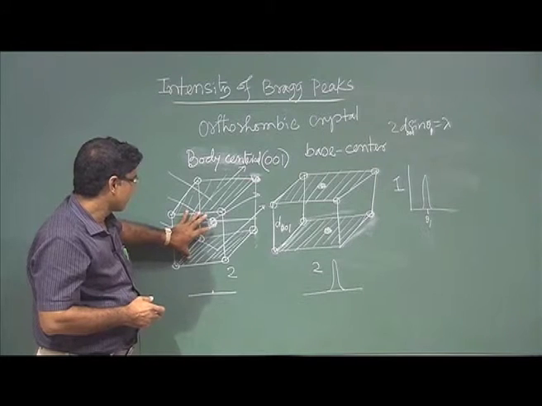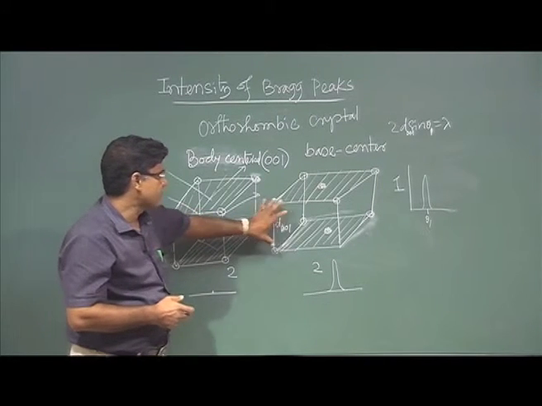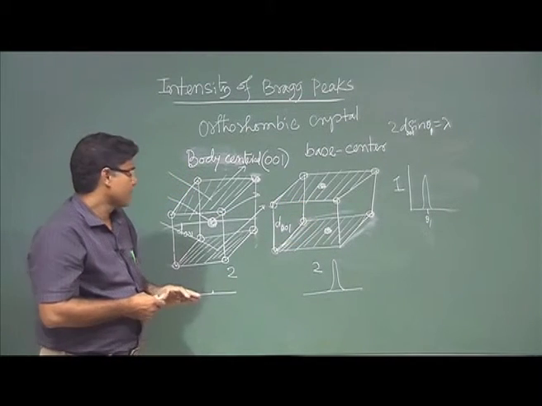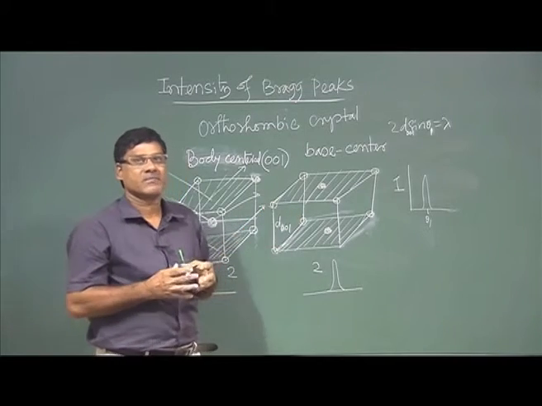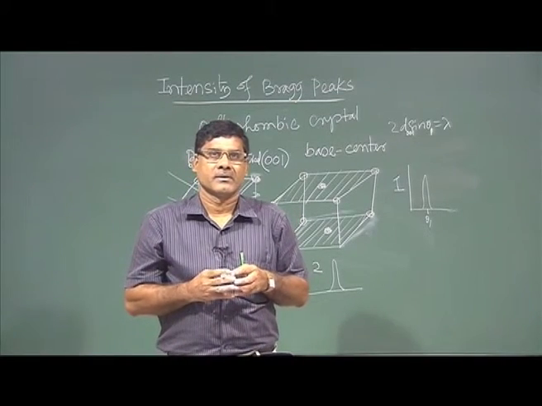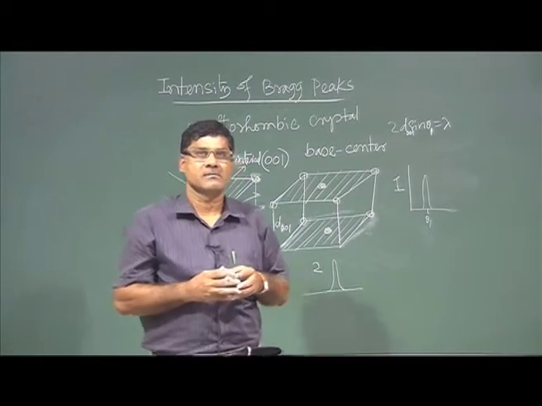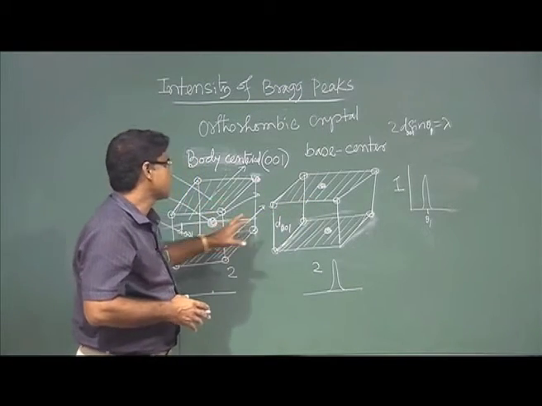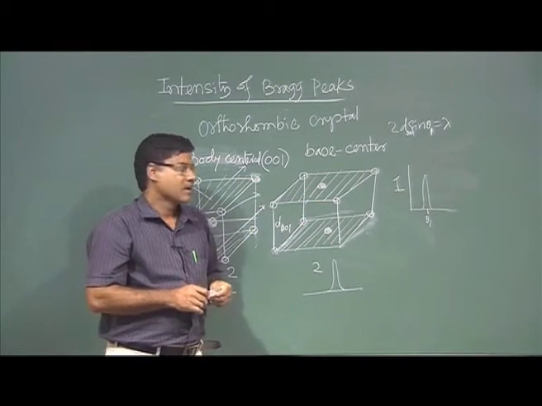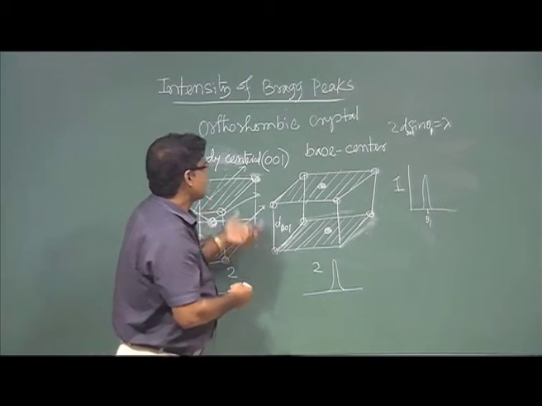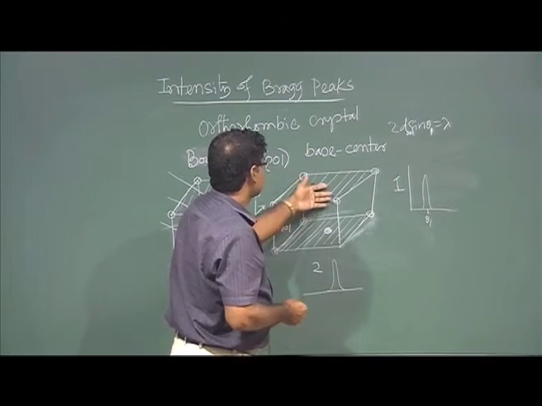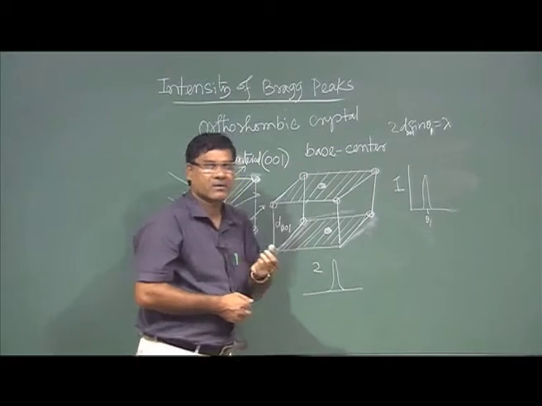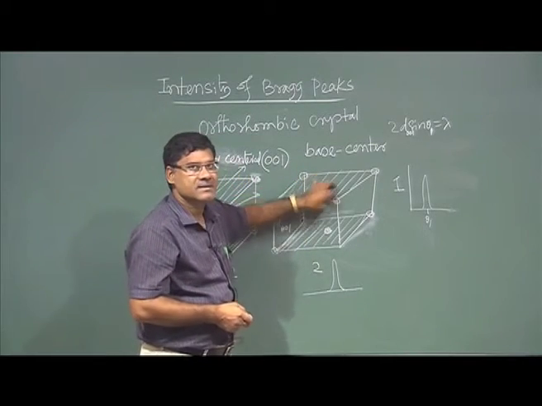That is fine, but for the same plane, intensity also varies because of the distribution of lattice points or atoms in the unit cell itself. Here and here the difference is the distribution of lattice points. In terms of basis, I was talking about whether atoms are exactly sitting on the lattice point or a group of atoms is sitting around it. Okay.